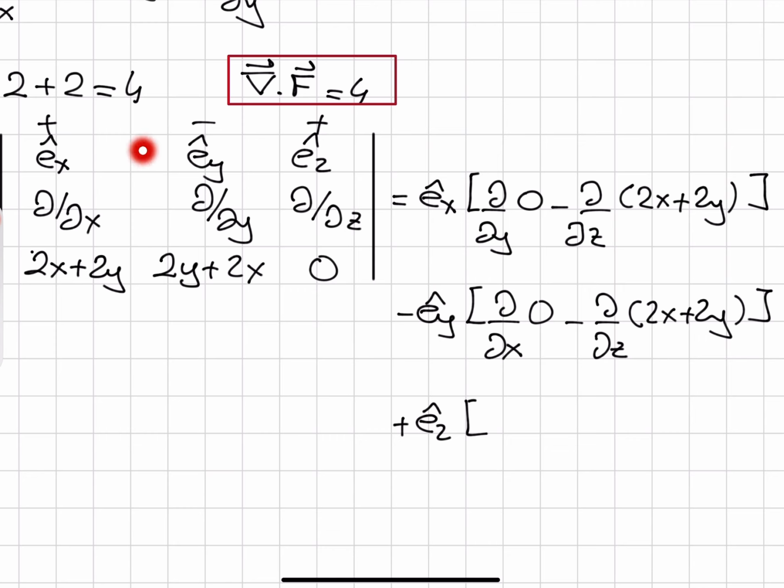And for the last one, ez hat term, I cross out the first row and last column, del x 2y plus 2x, minus del y 2x plus 2y.